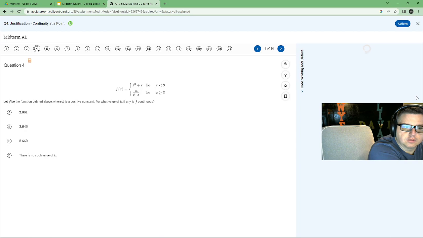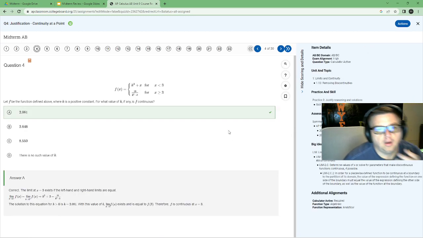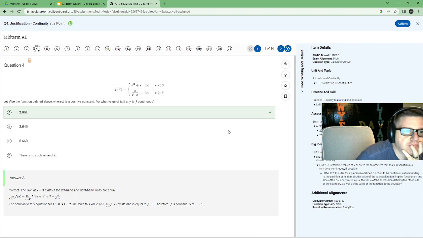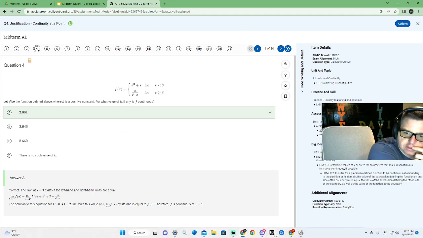I want to make sure there's no such value. There's no k value. Oh, wait. If you solve that, I don't know. Let's do this because we did set it up.